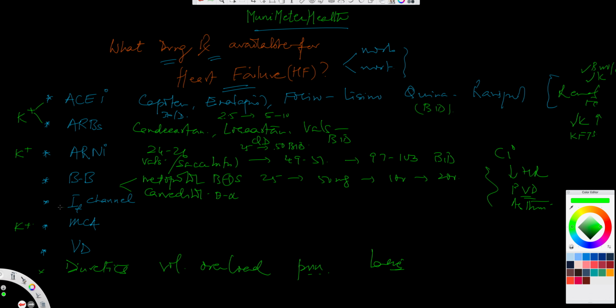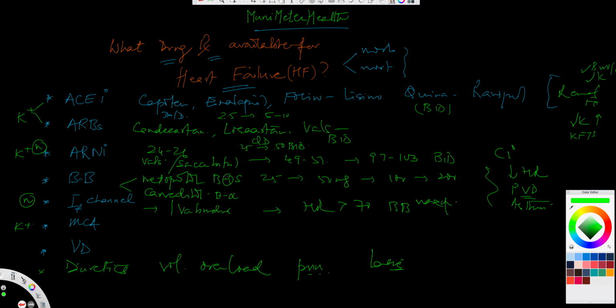IF channel is relatively new, so this one is new, I call it. So IF channel is ivabradine. That's a newer drug, and that is reserved for only patients who have heart rate more than 70 while they are on maximized beta blockers.